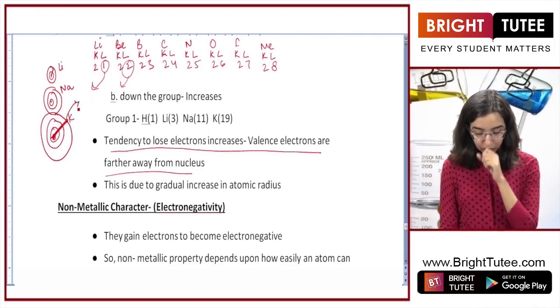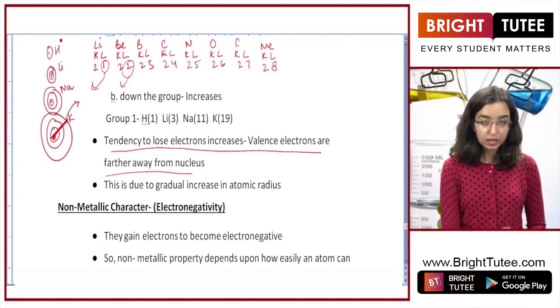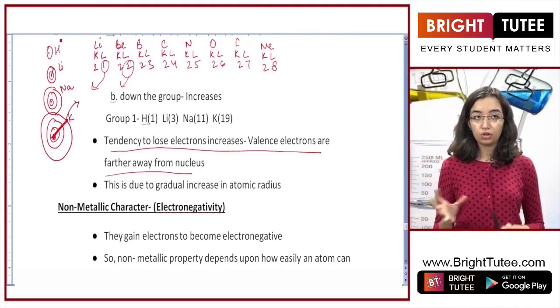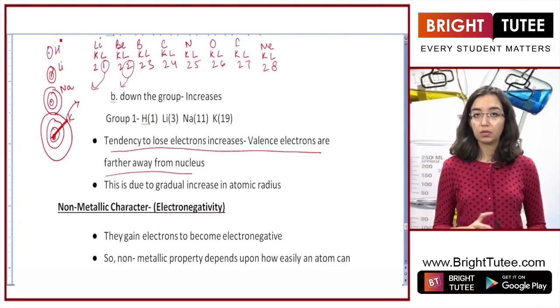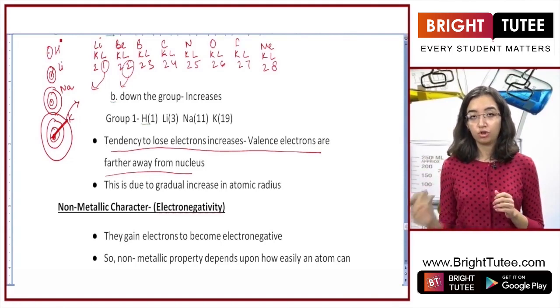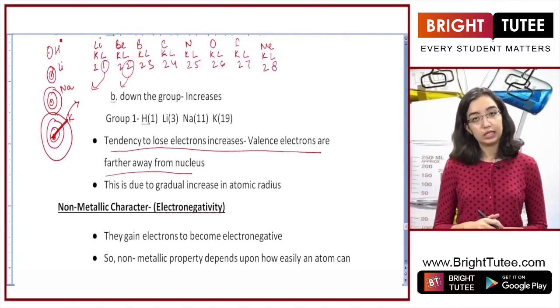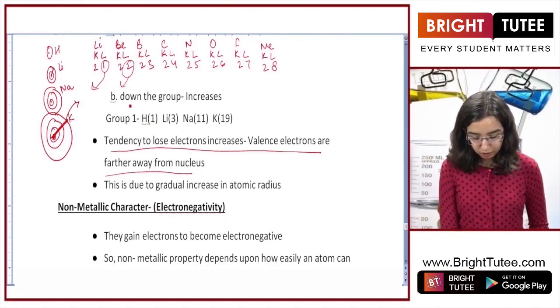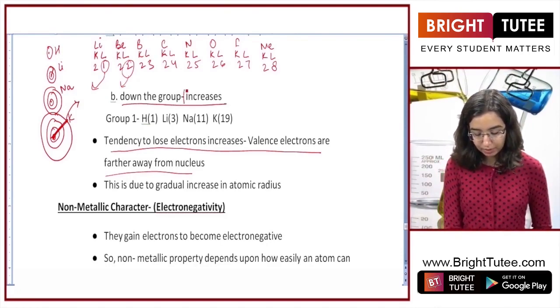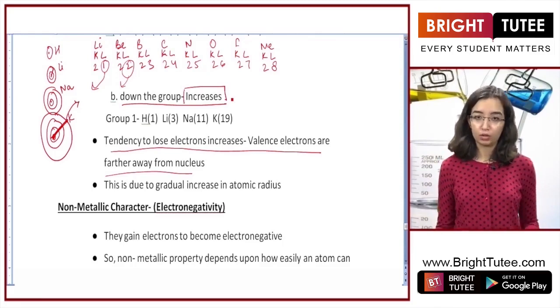So when we talk about all these elements, we see that in fact it is harder to remove an electron when it is closer to the nucleus because there's a greater nuclear pull. But when a new shell is added, the electron becomes farther away from this nucleus, and that is why it is easy to remove it. So when we go down the group, the metallic character increases because it is easier to remove an electron from the outermost shell.